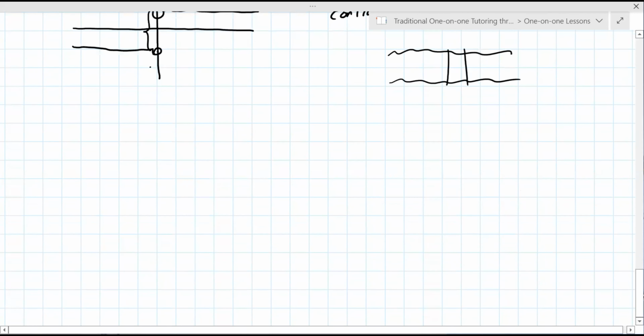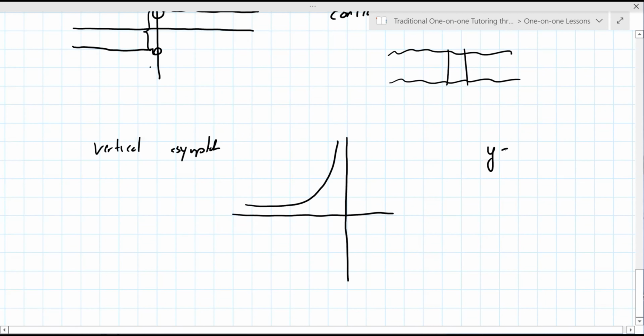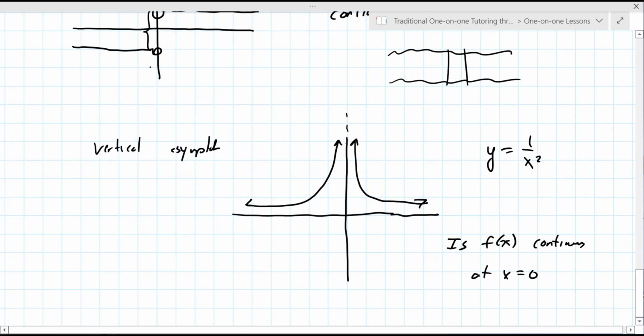Okay. Now the last one is a vertical asymptote. Here's your graph of y equals 1 over x squared, something like this. Is f of x continuous at x equals 0, where x equals 0 is a vertical asymptote?